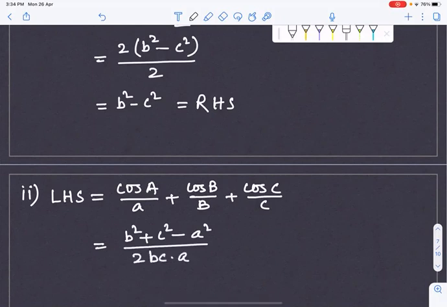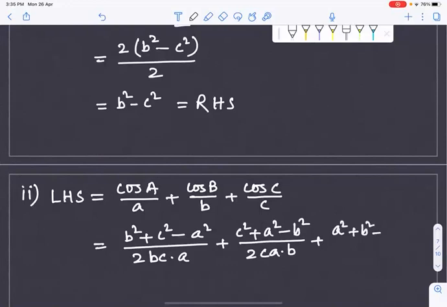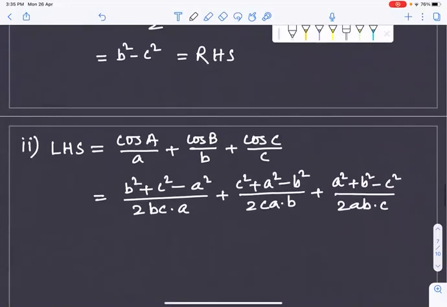Already I am having A here, plus cos B is C square plus A square minus B square by 2CA. Already I am having a B in the denominator, plus cos C is A square plus B square minus C square divided by 2AB with a C that is already there. Now we see that the denominator for every term is 2ABC. I can take that as LCM.